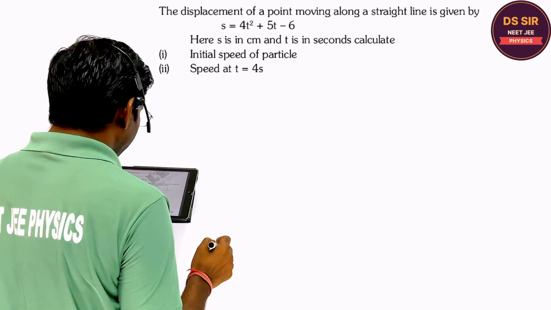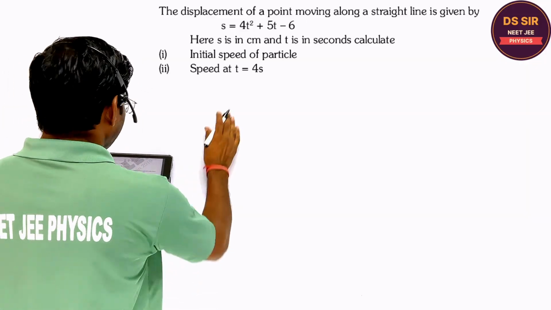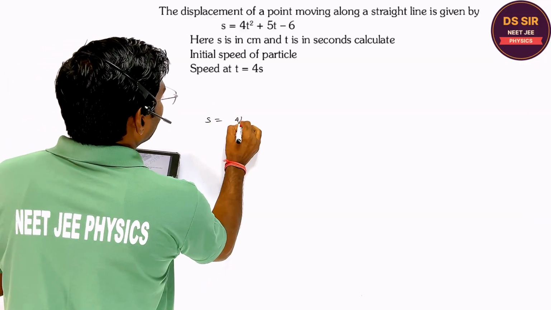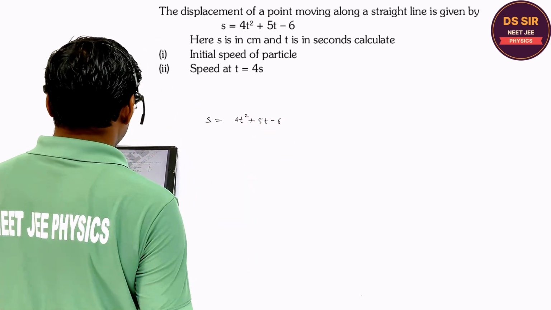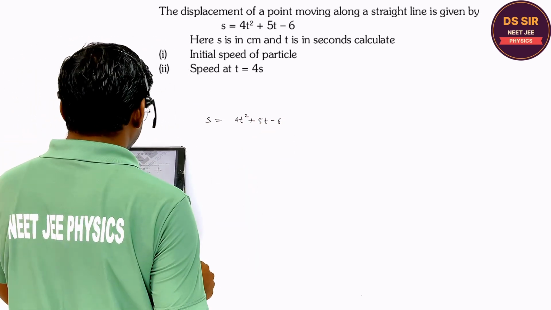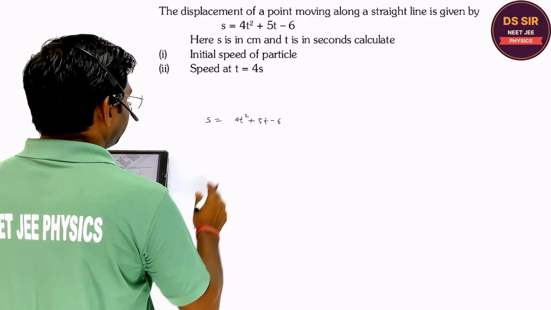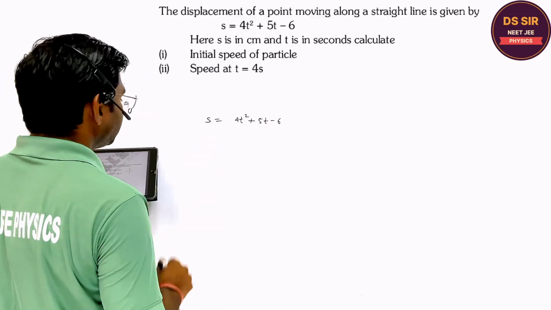Okay, listen one thing. So read this question. The displacement of the particle along a straight line is given by s is equal to 4t square plus 5t minus 6. Here s is in centimeter and t is in second. Calculate the initial speed and the speed at 4 seconds.